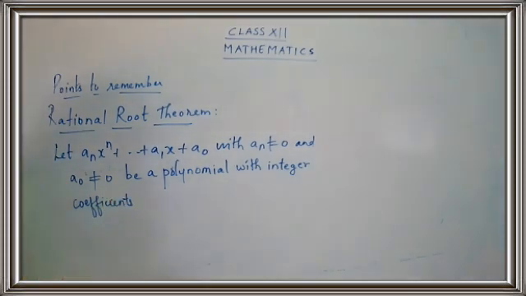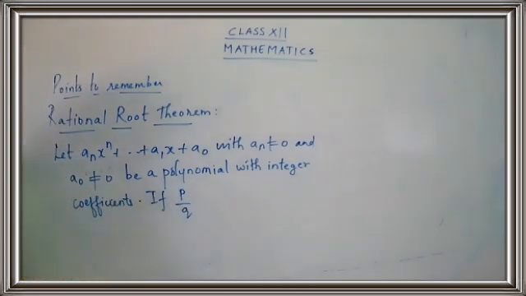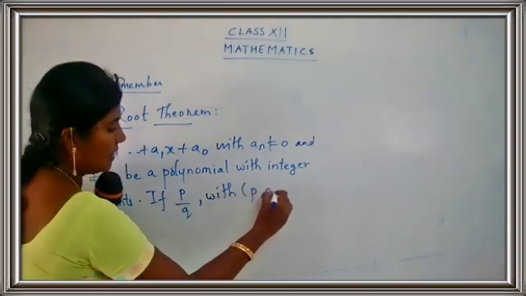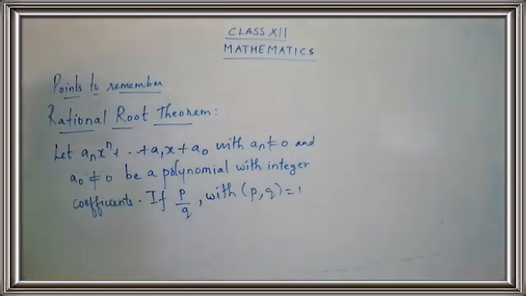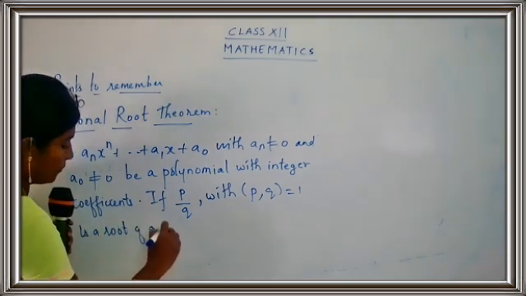If p upon q, with (p, q) equal to 1, that is, the LCM of p and q is 1, is a root of a polynomial.